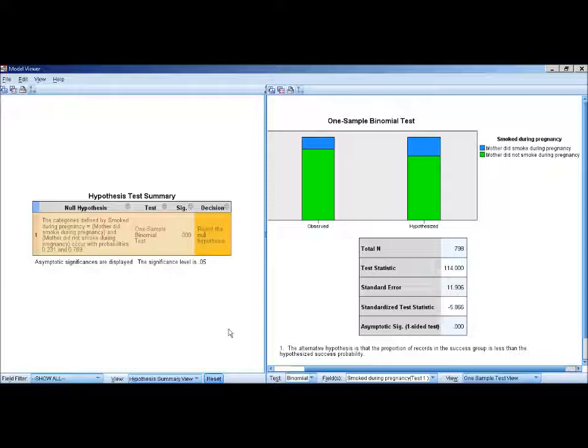So the probability in the tail above 5.866 and the probability in the tail below negative 5.866 is what we are going to obtain. That's what we do when we conduct a two-sided test. We're not interested in the sign, we're interested in the absolute value, and we want to know what's the probability of finding a value as extreme or more than that in a two-sided test.